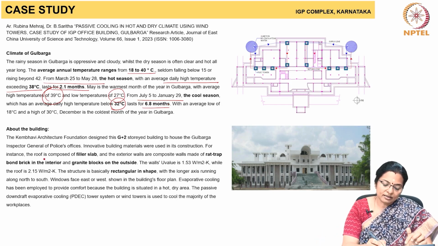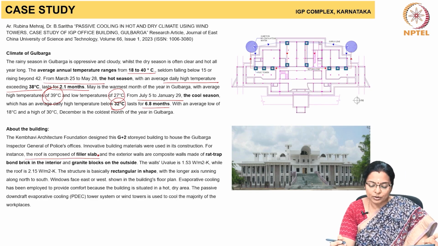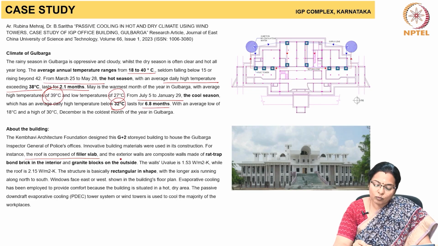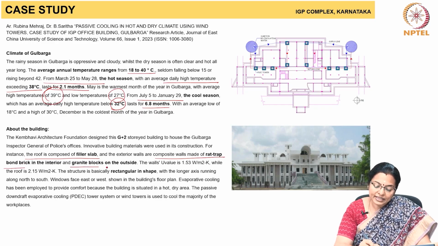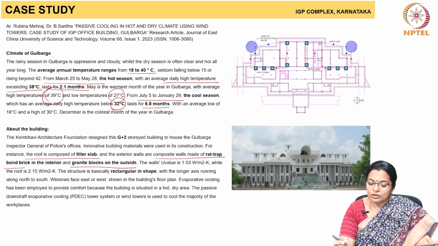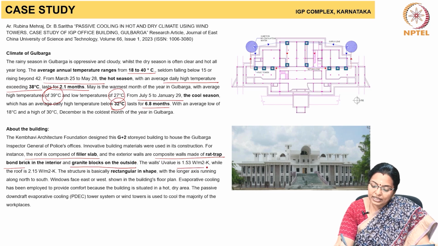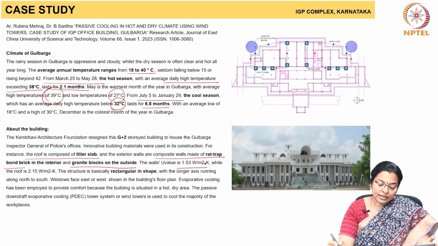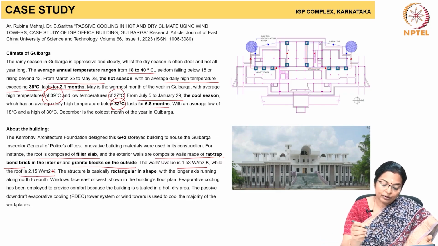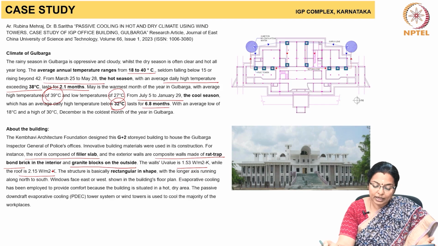Some of these are: the roof is composed of a filler slab that gives insulation. The exterior walls are composite walls made up of rat trap bond and granite facing on the outside. The U value of the wall is pretty much 1.53 watts per meter square Kelvin, and the roof U value is 2.15 watts per meter square Kelvin.